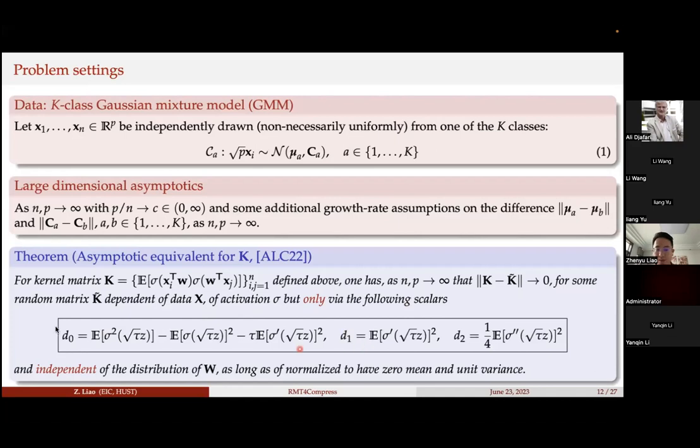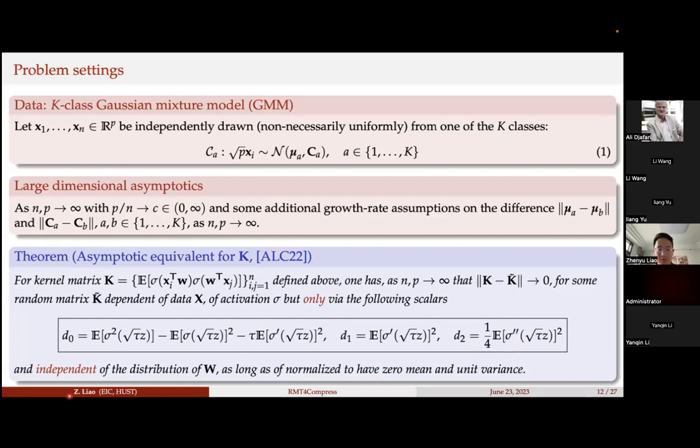For Z a standard Gaussian random variable, we can define D0, D1, and D2. These are all basically expectations of the nonlinear activation function or its derivatives. So K tilde only depends on the nonlinear activation function via these three parameters.